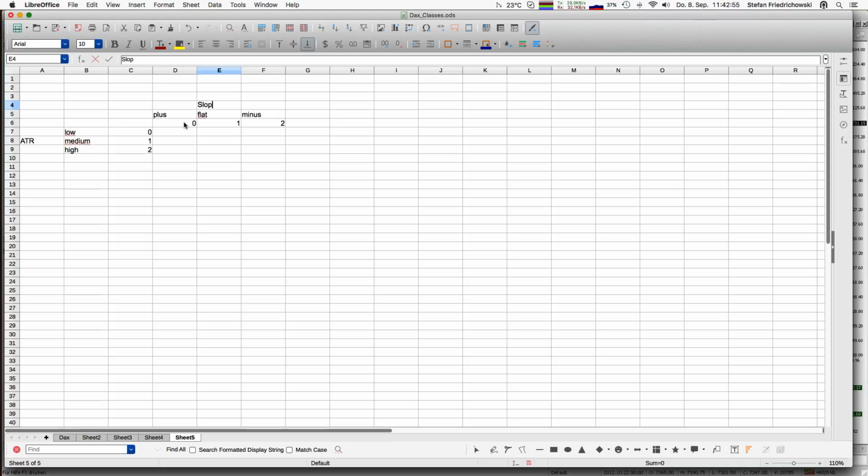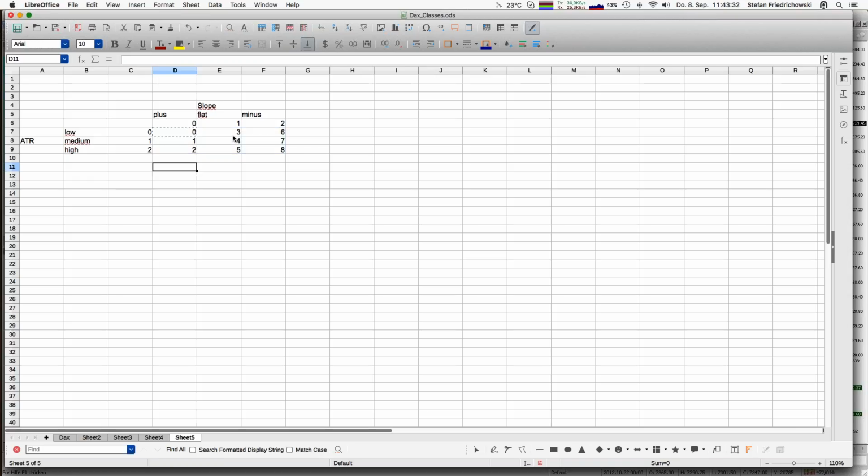So those are the slopes, and to calculate the class identification number is quite easy. What we need is that cell plus this one times 3, and in order to copy it to all the others, we need some dollar signs once again here, and then we can have a table like this one here.